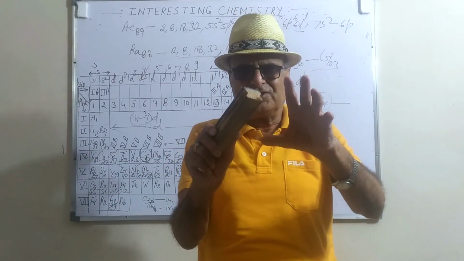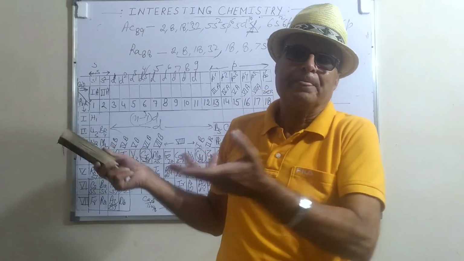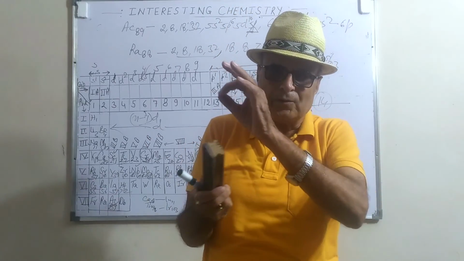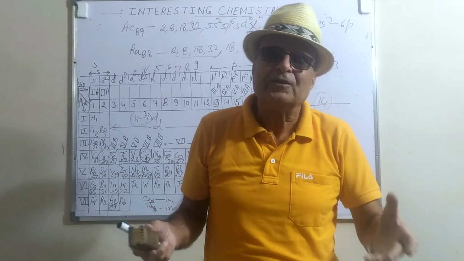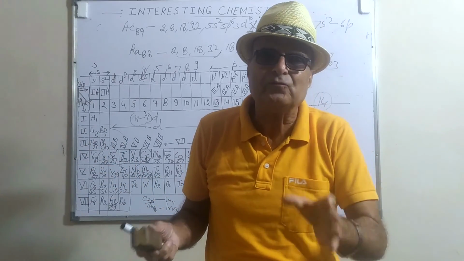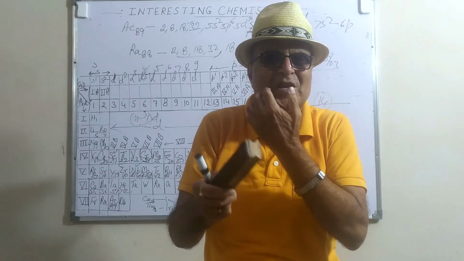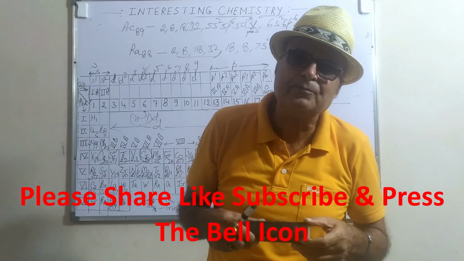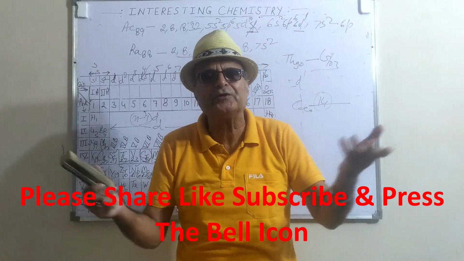I think it is a game of mathematical calculation, plus, minus, and so on. You have to count all the electrons in the particular cell. If you see my video regularly and repeatedly, the day will come when you will understand how to write the electronic configuration up to 104.